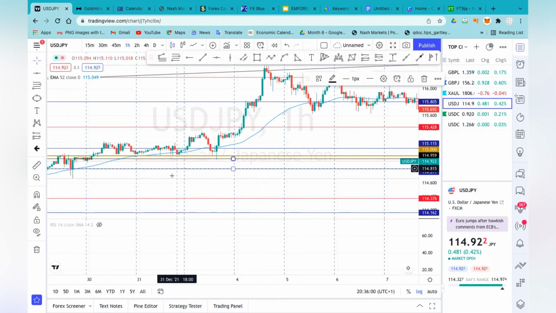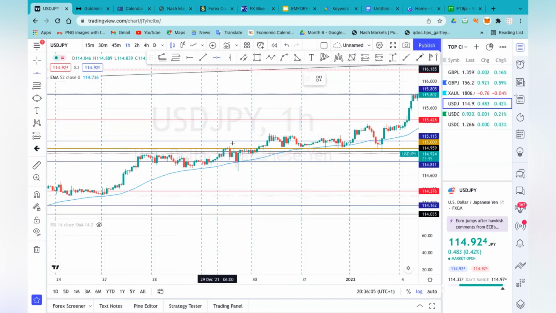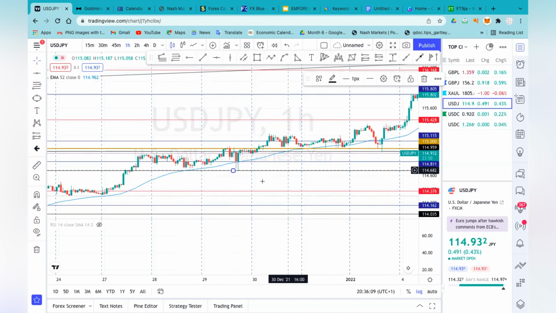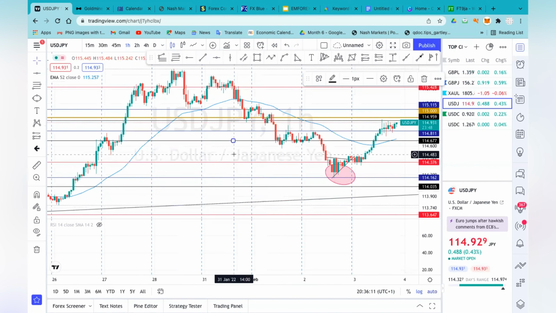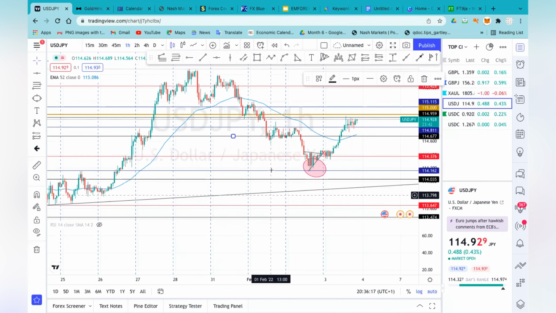Now where weak rejections are very important is when you are getting sniper entries. With weak rejection you can get sniper entries. Remember the 4-hour time frame is the blue line. You can see immediately the market touched into this 4-hour time frame here.